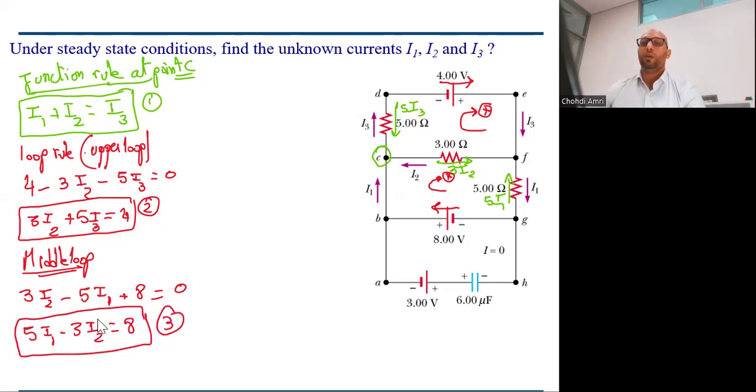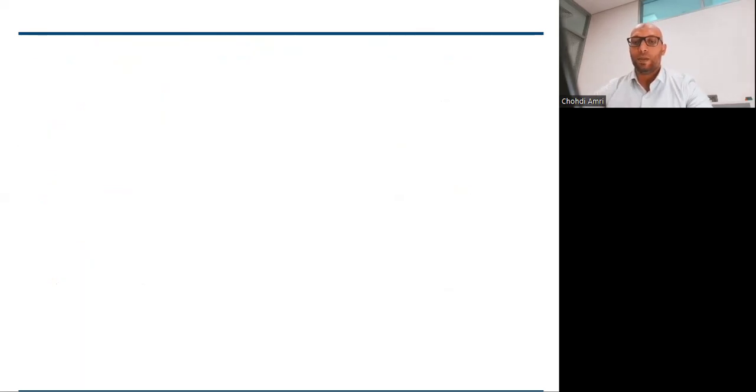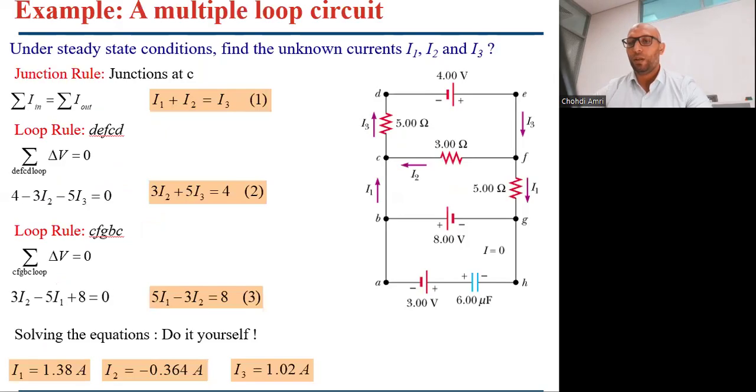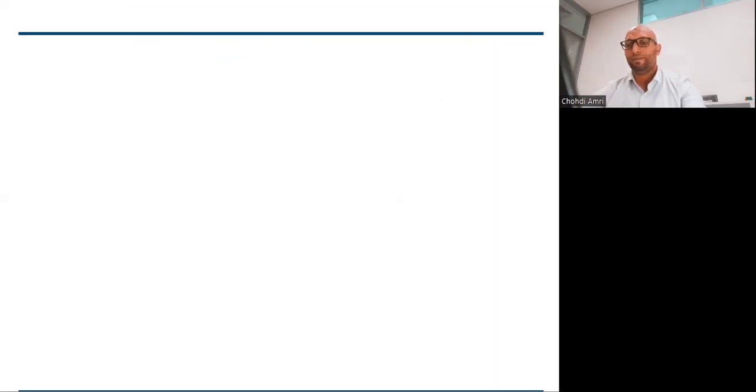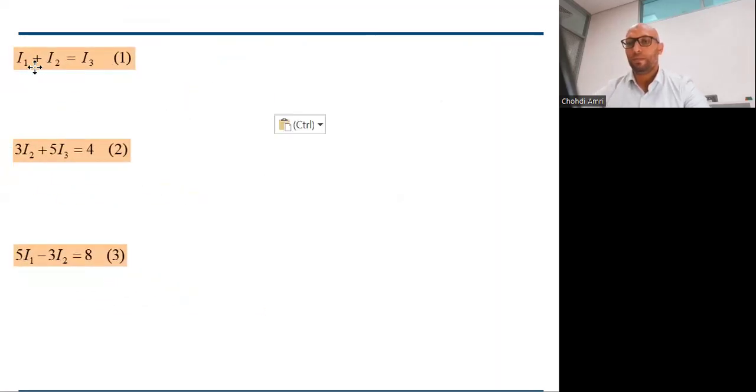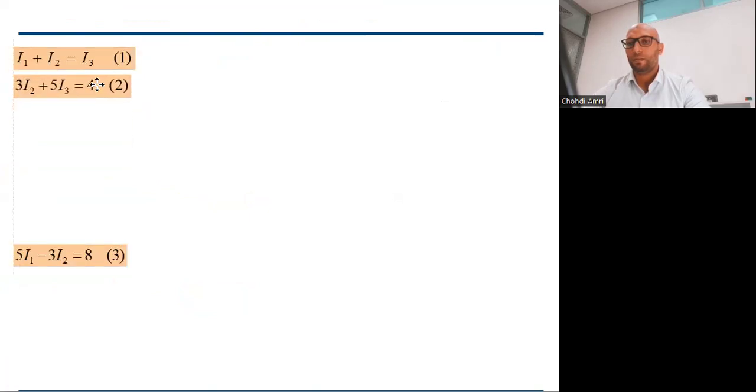So we see here that we have 3 equations and 3 unknowns. So we can simplify. Let's write the equations here. What are the equations? Yeah, equation number 1, 2, and 3. Do it by yourself. Very good.